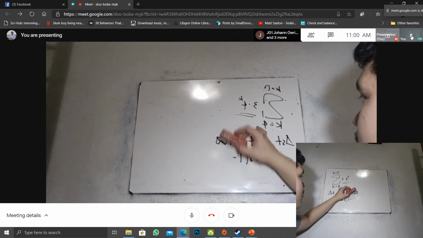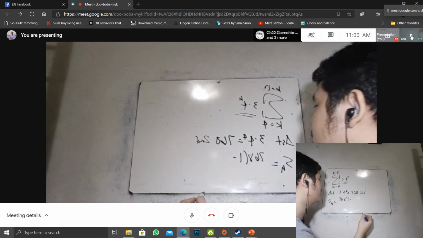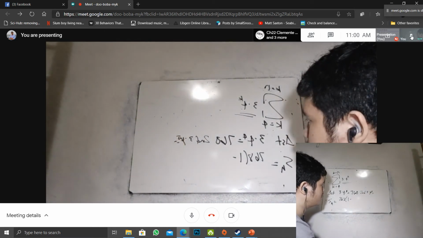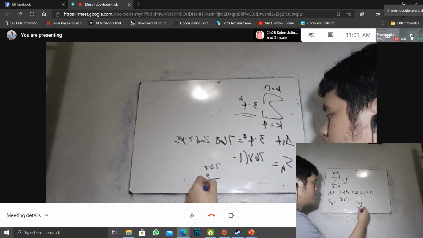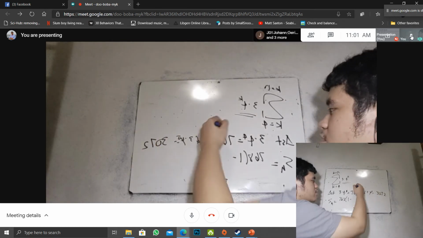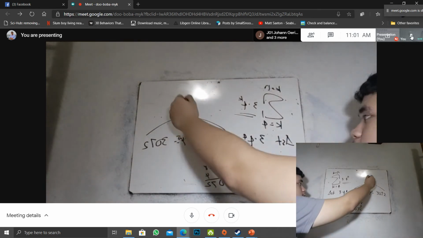Sige, let's get the second term, or the fifth term, rather. 3 times 4 to the fifth is equal to 768 times 4, which is 3,072. Kung divide natin yan, times 4 yan, di ba? So, the common ratio is 4.